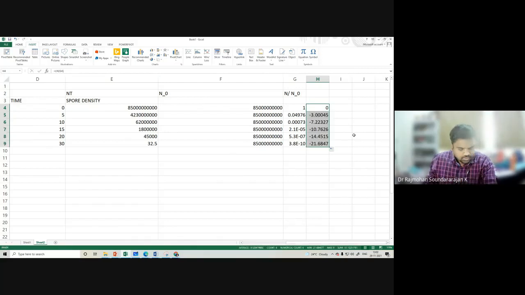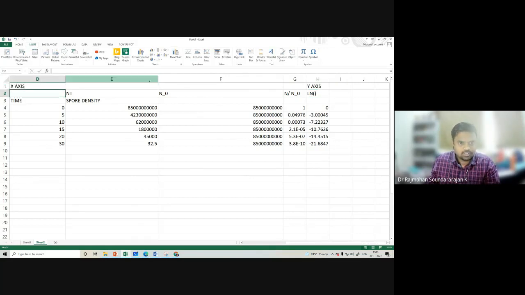So we now have the ln values. This is your y-axis, and we have time, which is our x-axis, right?